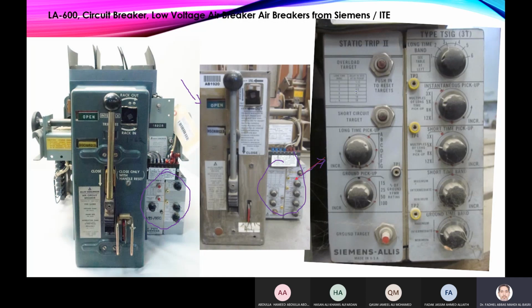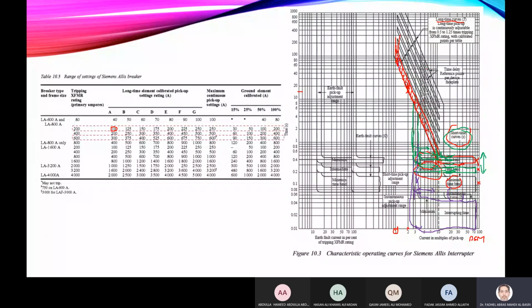So this is for the long time setting band. This is the time setting. First of all, the long time pickup setting. I'm setting the pickup setting of this long time curve, the red one. I'm also setting the time, which of these bands I want to choose.